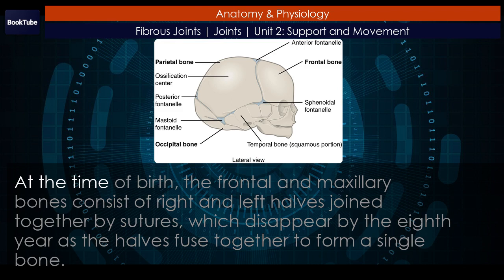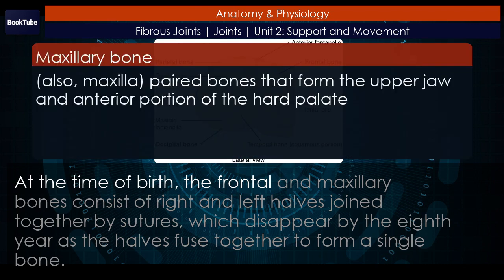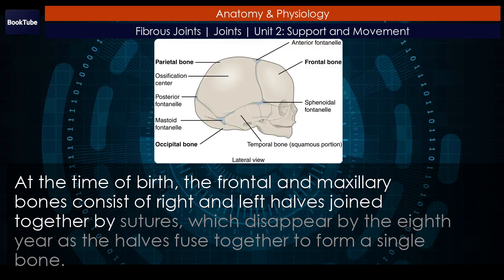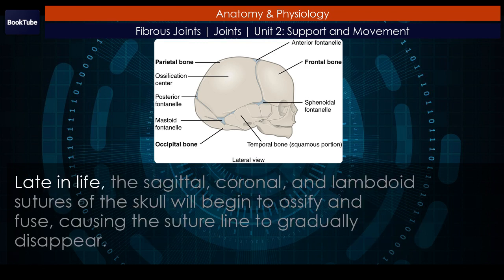At the time of birth, the frontal and maxillary bones consist of right and left halves joined together by sutures, which disappear by the 8th year as the halves fuse together to form a single bone. Late in life, the sagittal, coronal, and lambdoid sutures of the skull will begin to ossify and fuse, causing the suture line to gradually disappear.